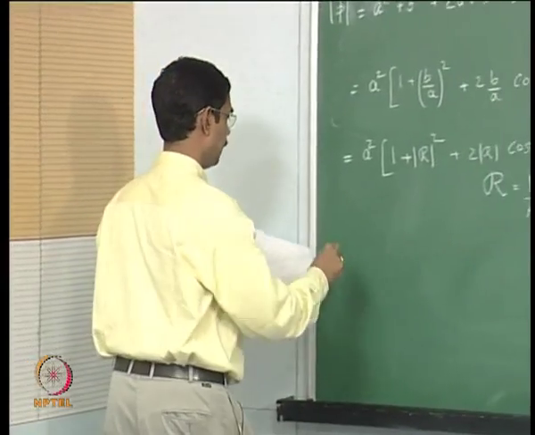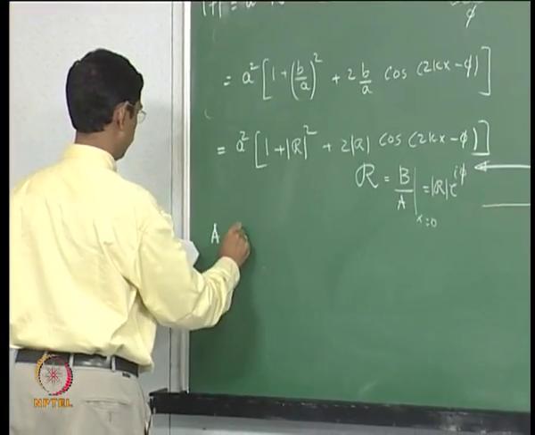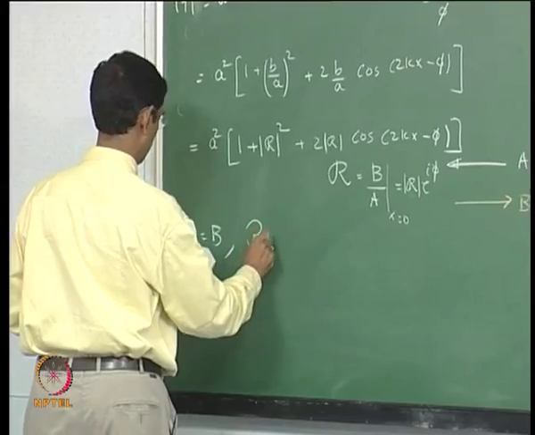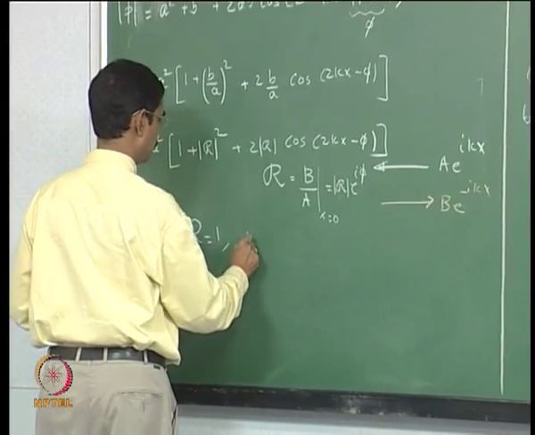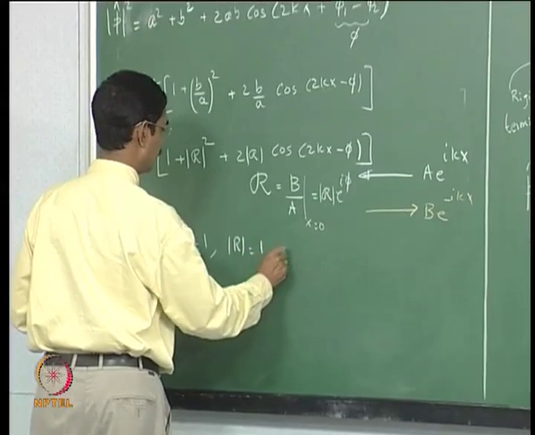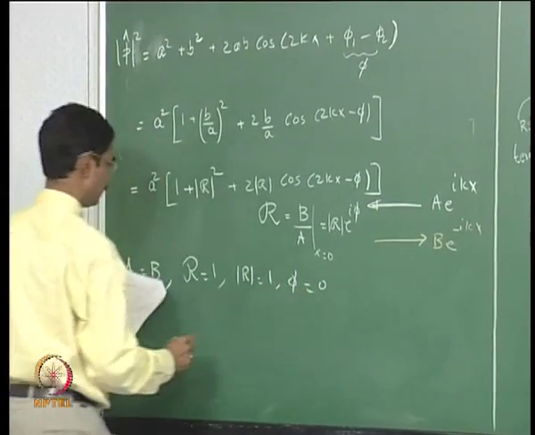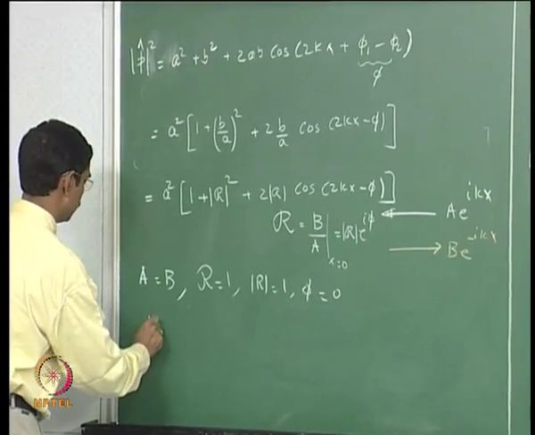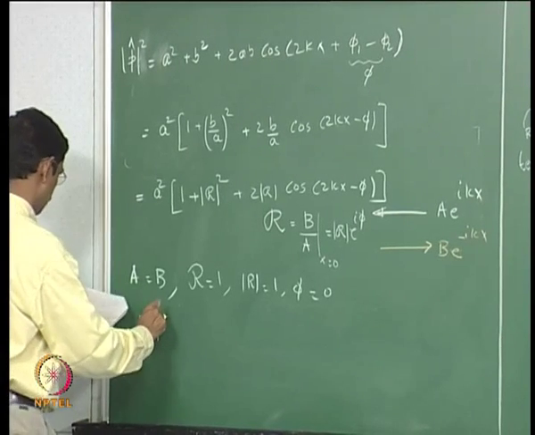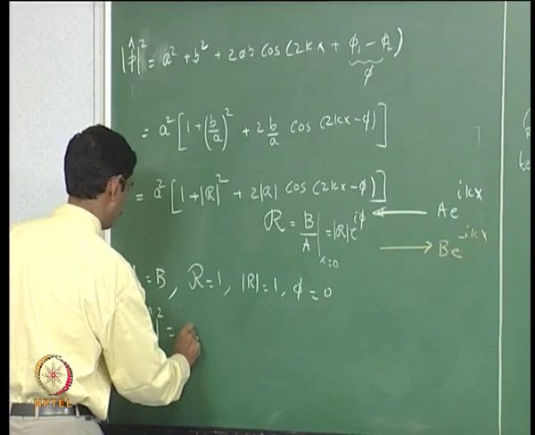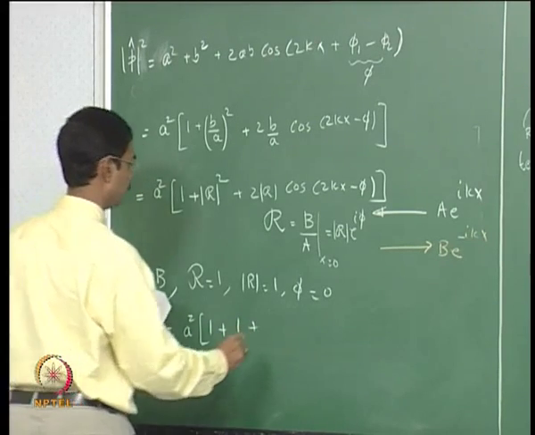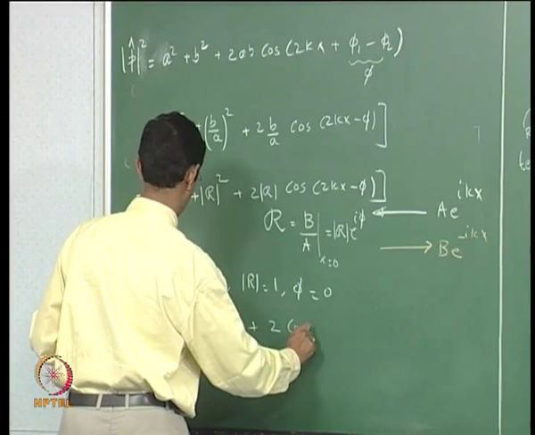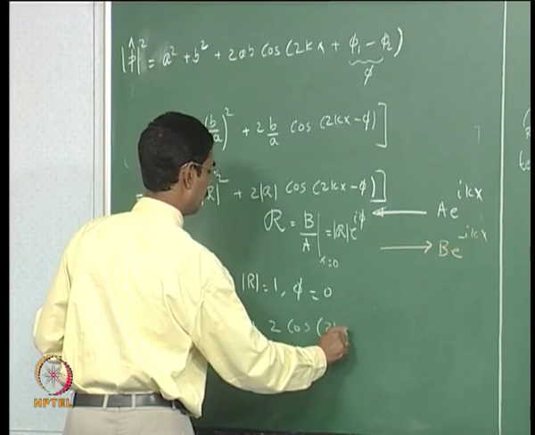If you say A equal to B, then r equal to 1, that would mean r equal to 1 and phi equal to 0. So this would be p squared equal to A squared into 1 plus 1 plus 2 cos 2kx.